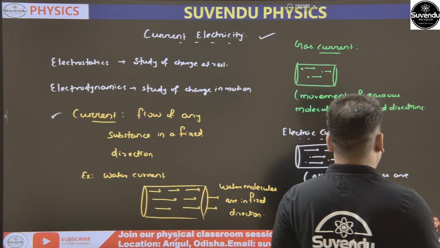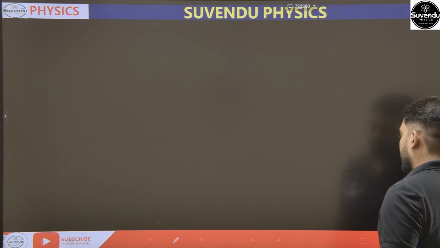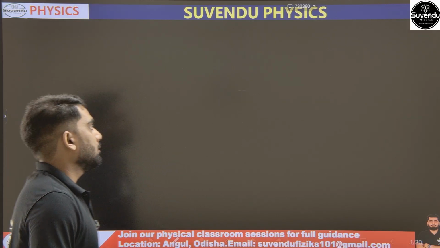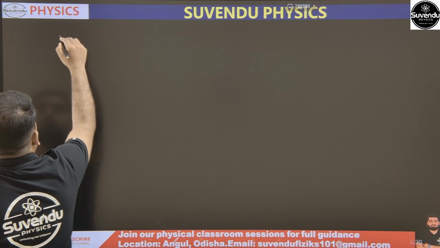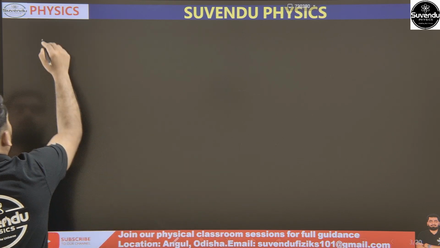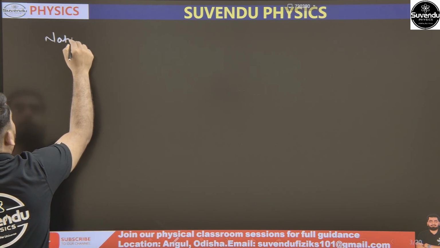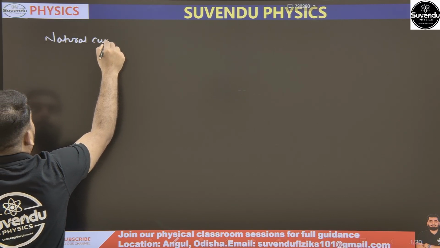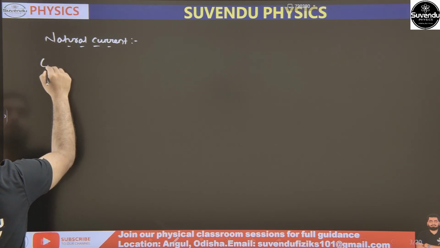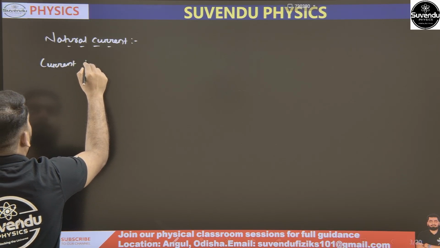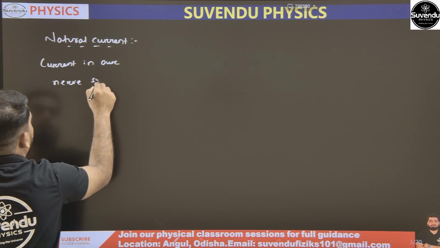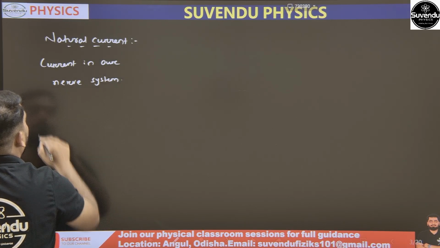And if you see electric current, artificial electric current is available, natural current is also available. That means we can categorize it as artificial current and natural current. First listen, what do you mean by natural current? Current in our nervous system is under natural current.